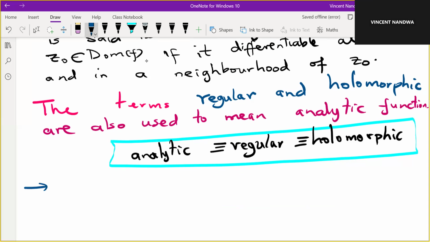So we say that a function f of z is analytic in a domain if it is analytic at every point of that domain. That simply means that the function is differentiable at every point of the defined domain.